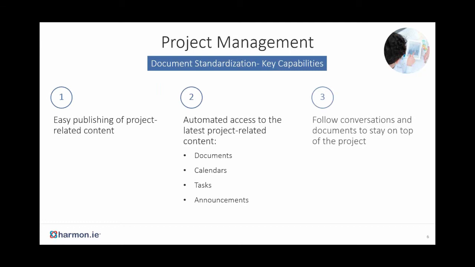Same thing for calendar events or tasks. I want to be able to look at a stream and see that something has changed without having to constantly go back and check or make phone calls to ask my colleague if he has finally completed the requirement documents. And I need to be able to follow conversations and documents to stay on top of the project. So these are the basic business requirements.